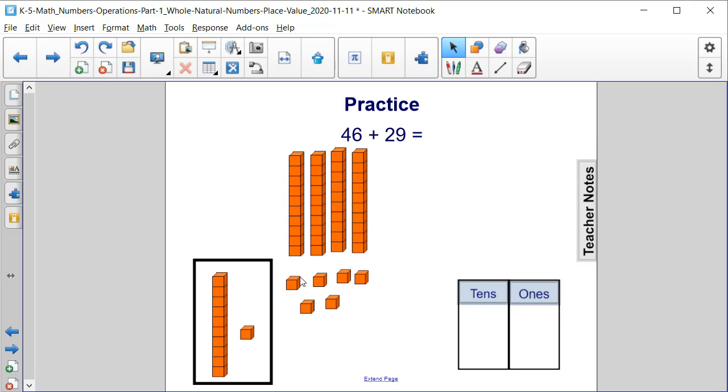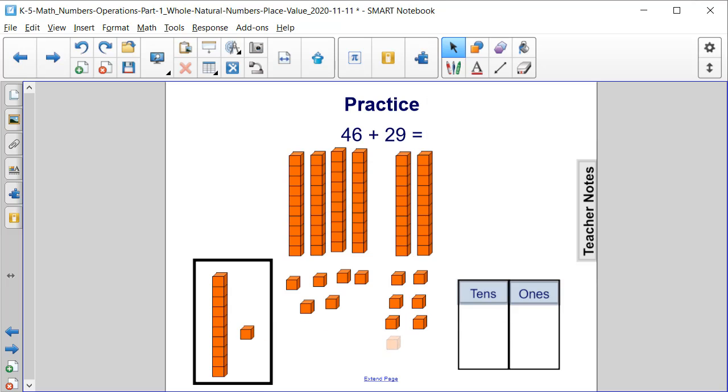And then we have 29: 10, 20, and then 1, 2, 3, 4, 5, 6, 7, 8, 9. So we have 46 plus 29.